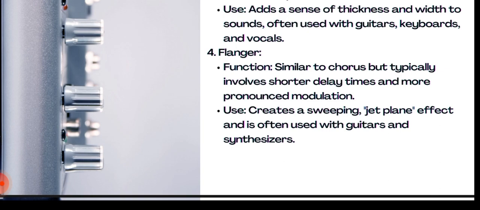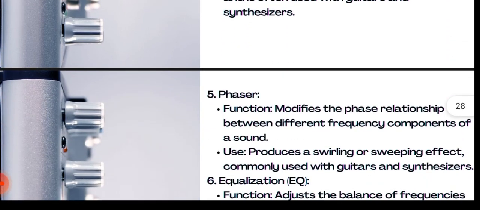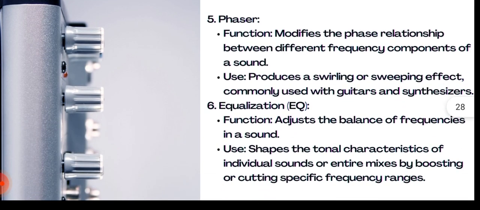Number five, phaser. Function: modifies the phase relationship between different frequency components of a sound. Use: produces a swirling and sweeping effect, commonly used with guitars and synthesizers.